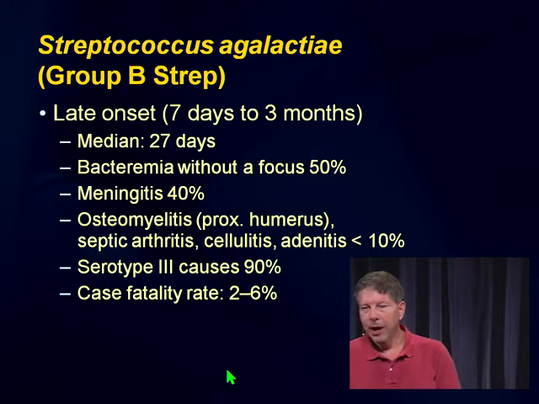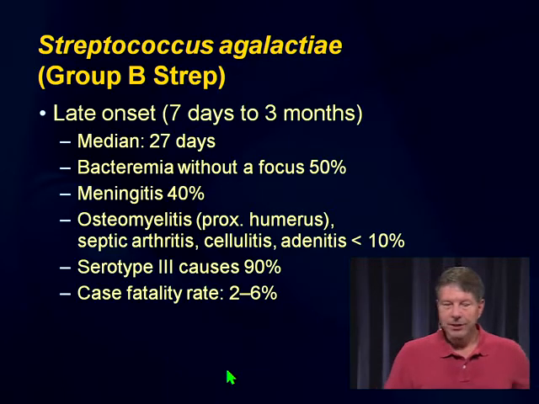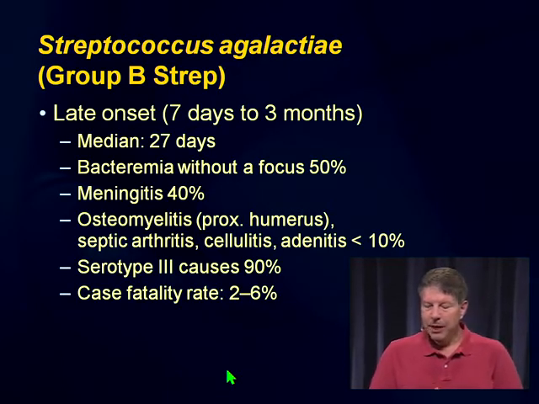So we still have just the bacteremia, but now they have meningitis. This is also when you'll see things like osteomyelitis or septic arthritis. This is serotype 3, so 3 months, serotype 3. Kind of remember that one. And the case fatality rate is lower, 2 to 6%.